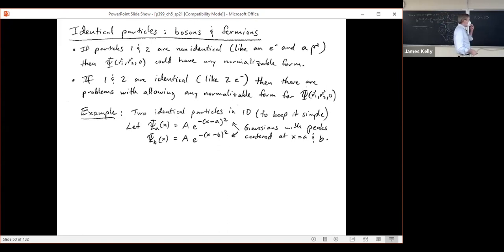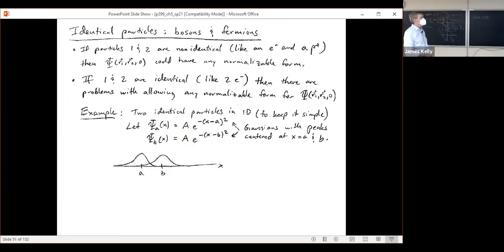Let's suppose, just to simplify, that these electrons are living in one dimension, so I don't have to look at so many variables. As a function on the x-axis, electron 1 is very likely to be near x equals a, and electron 2 is very likely to be near x equals b. Those Gaussian functions look like that.